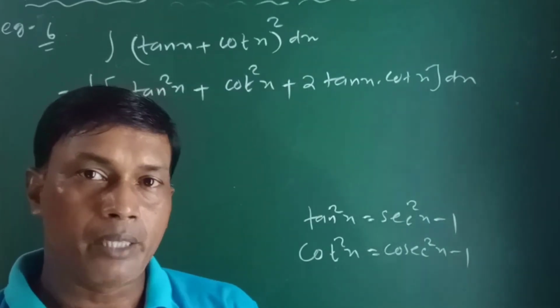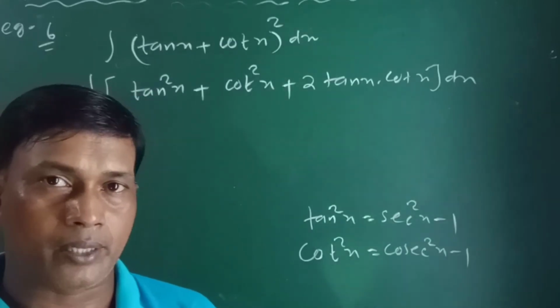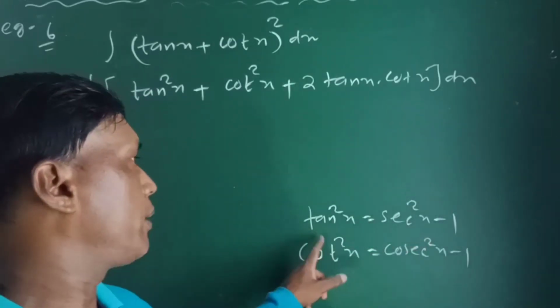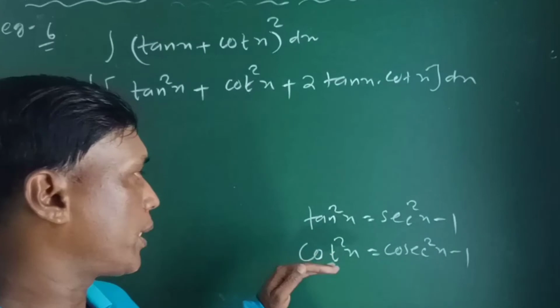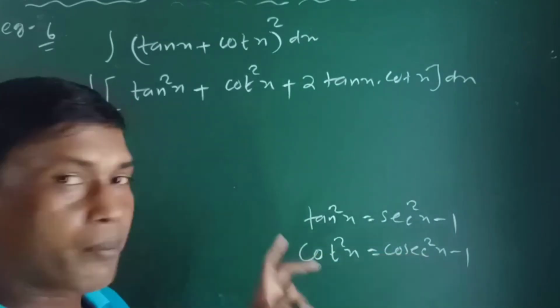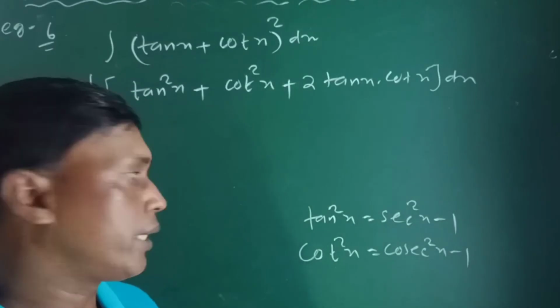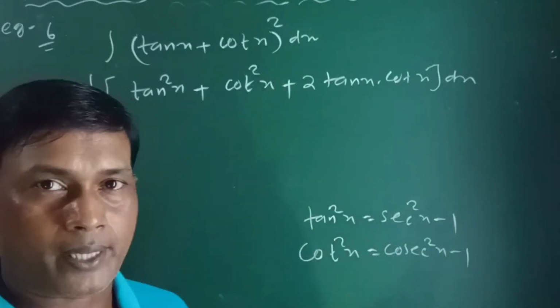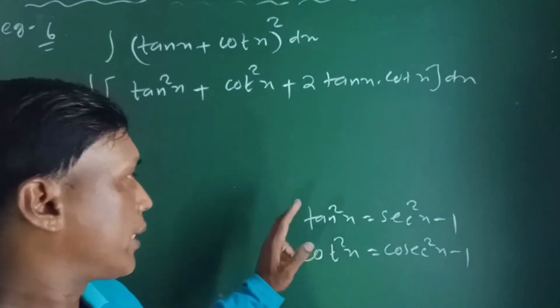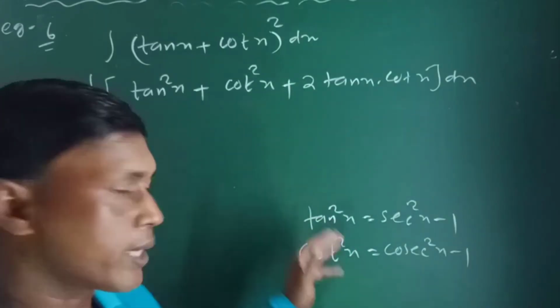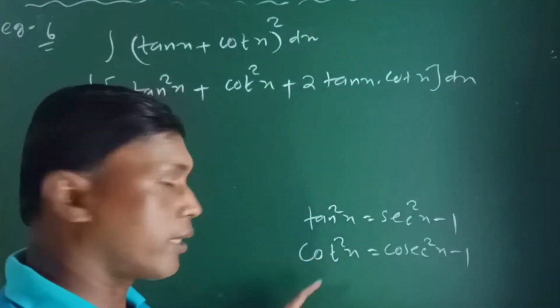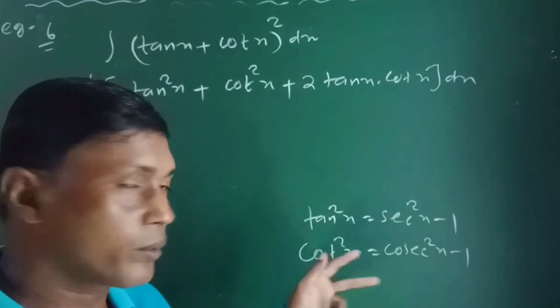We have no formula for integrating tan square and cot square, but we have the formula for integrating sec square and cosec square x. So you have to apply tan square is equal to sec square minus 1 and cot square is equal to cosec square minus 1. These are the two important tricks.